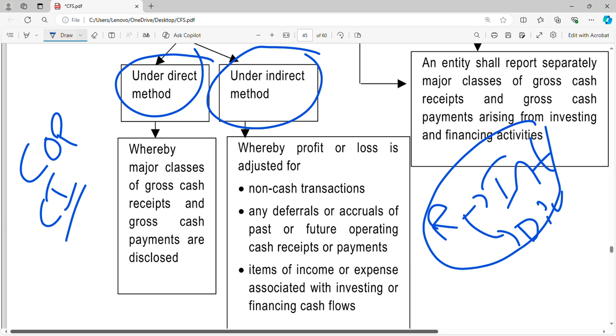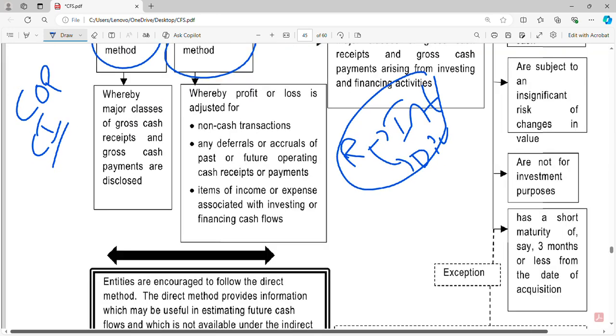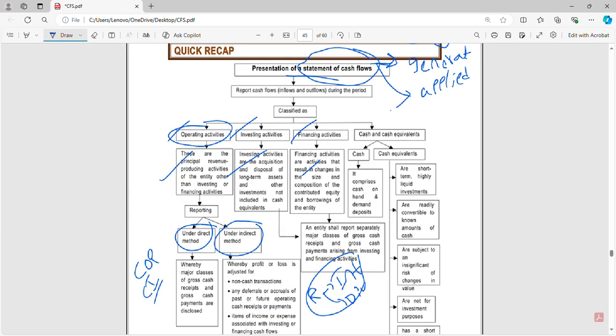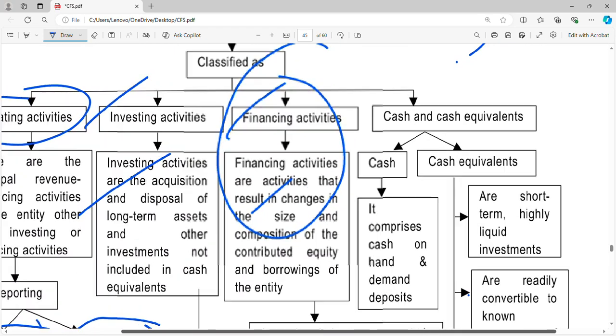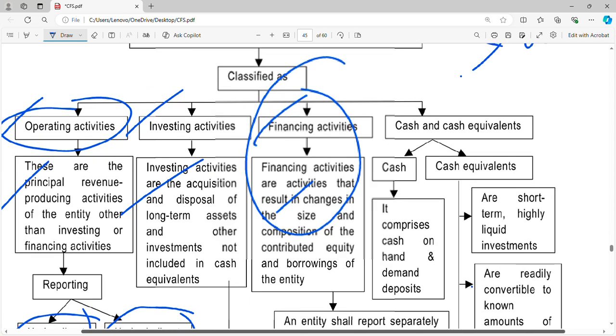Next, the third category is cash flow from financing activity. What is there in cash flow from financing activity? Whatever cash is received from the issue of share capital, debentures or loans will come under the financing activity. Or if cash is paid for redemption of share capital, debentures or loans, then it will come under here.